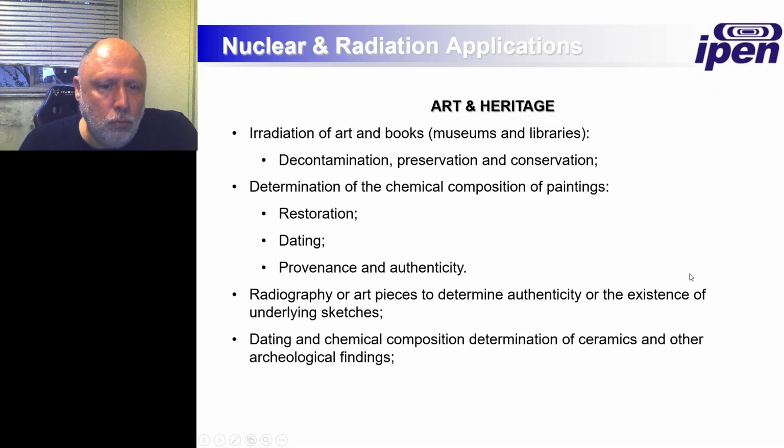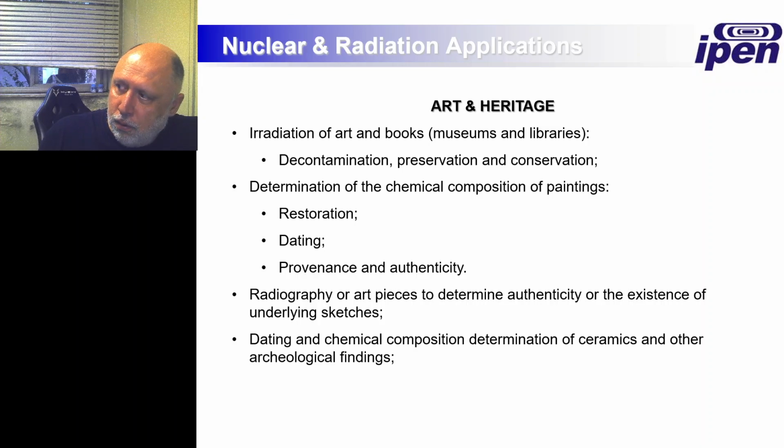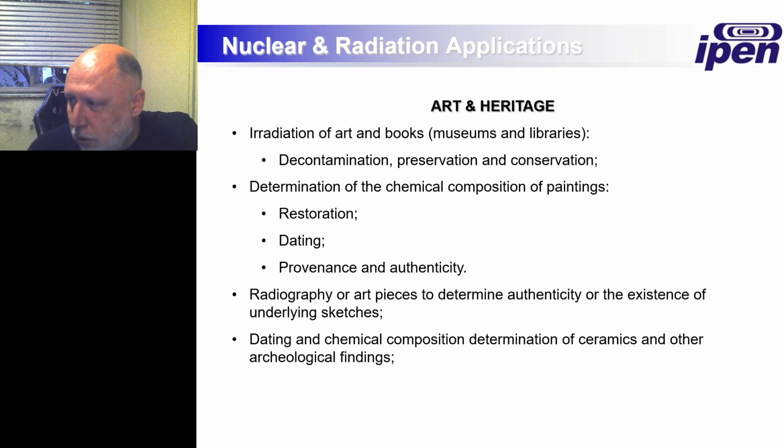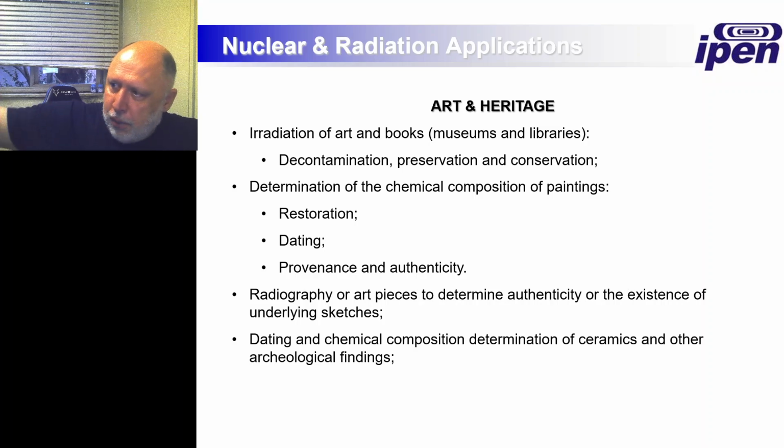And you can do radiography of art pieces to understand the existence of underlying sketches, because artists were usually poor in the Middle Ages, right? So they had to use one canvas for a sketch, and then they would look at the sketch and start painting the real painting on another canvas, and they wouldn't throw away the sketch canvas, they just passed some primer and painted something over it.